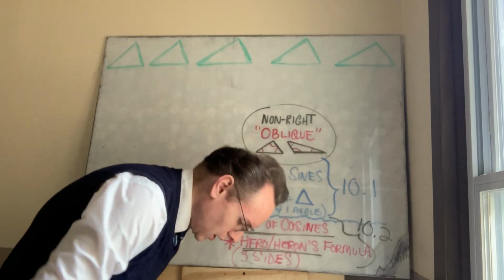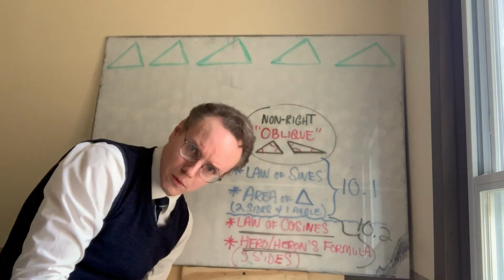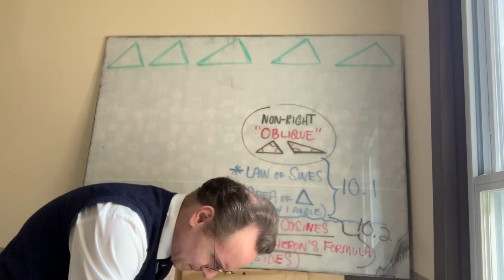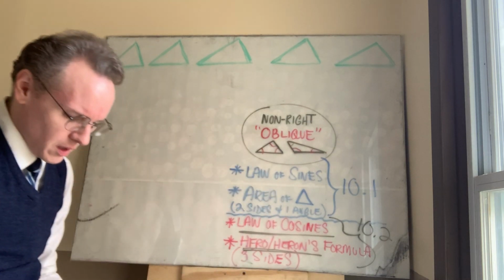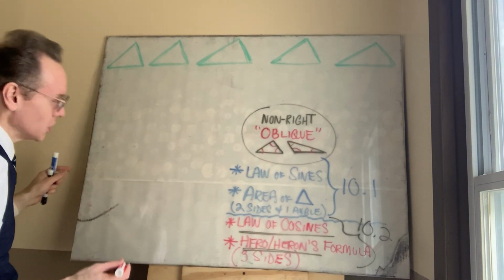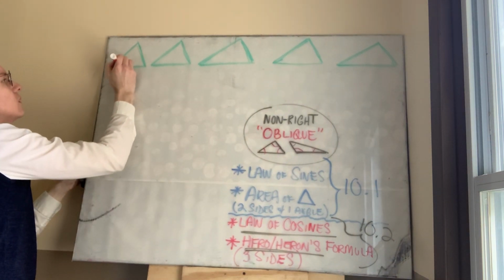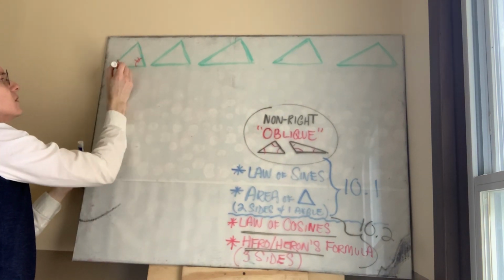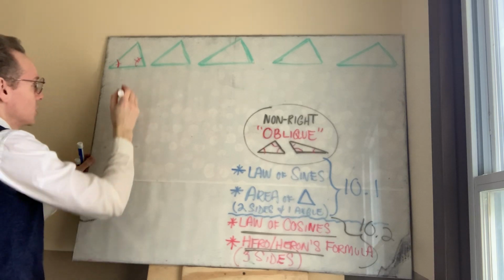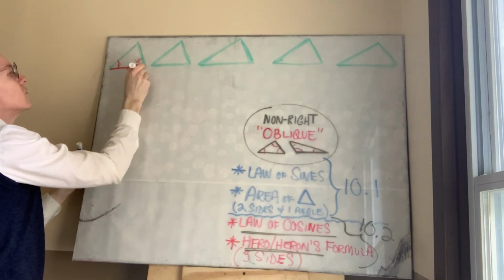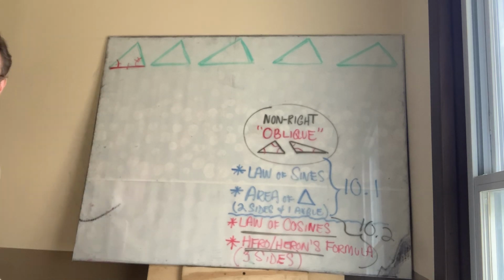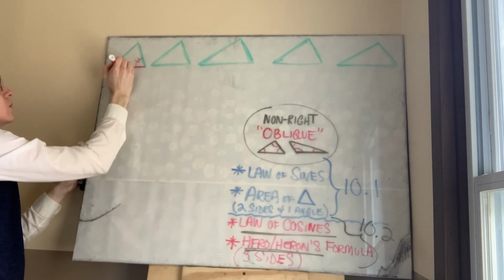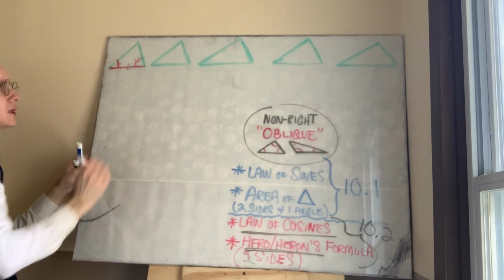Now, I'll use blue, perhaps black, to emphasize. In the first situation, suppose you are given an angle, and there's a second angle, and there's a side dimension. So just to emphasize this situation, two angles and a side between them.